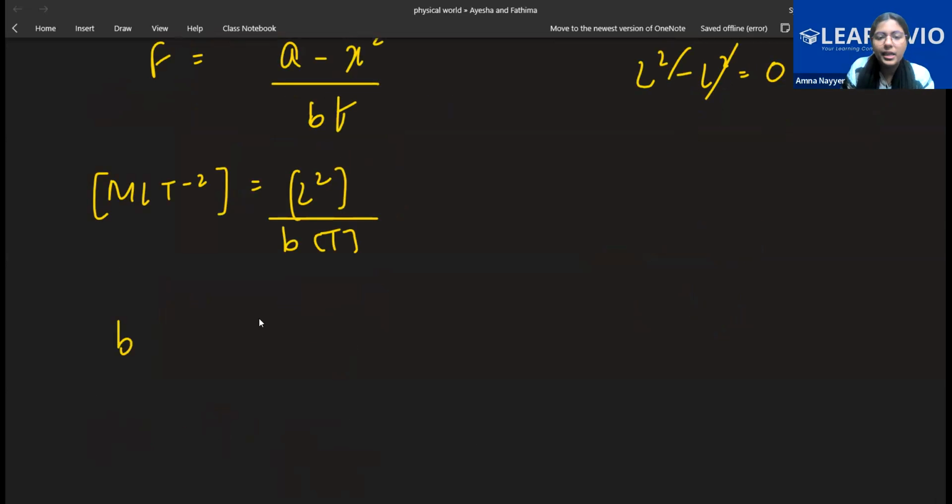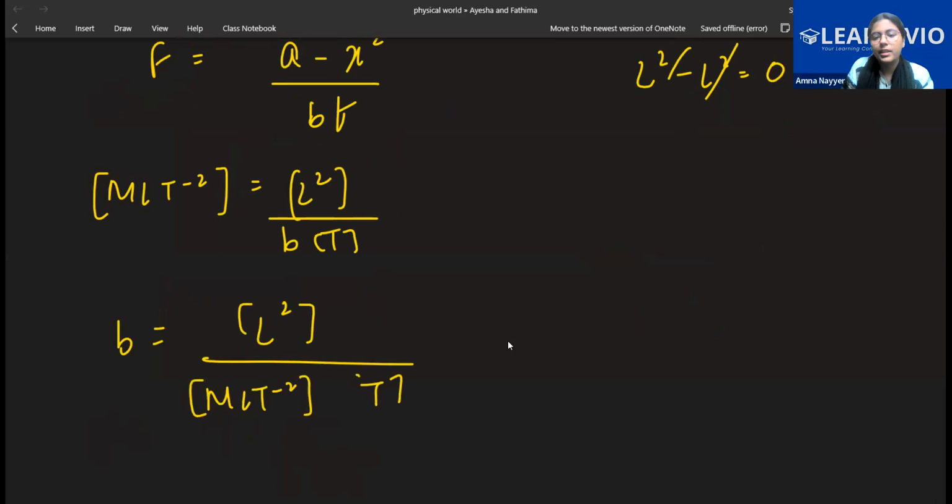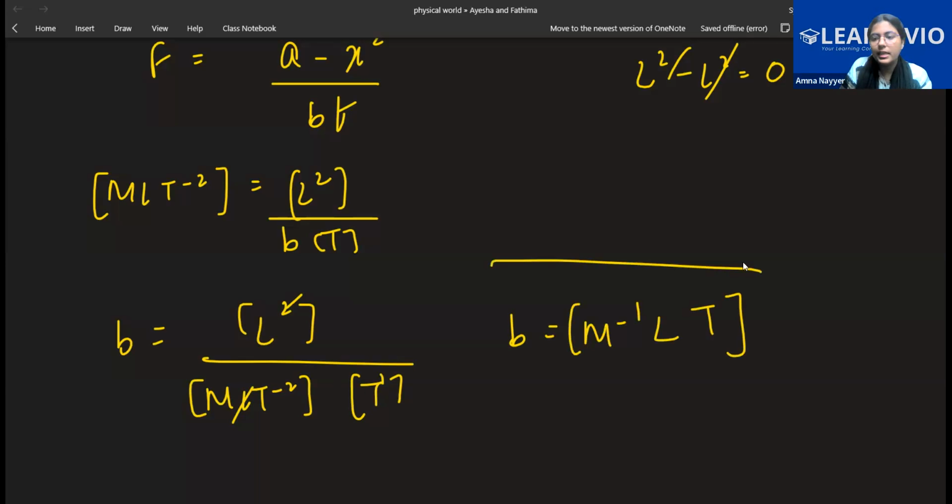So B will be L square divided by MLT to the power minus 2, and this is T. So B will be M to the power minus 1. This length will be cancelled. So this will be L, 1 minus 2 is minus 1, so this is T. So B is M to the power minus 1 L T.